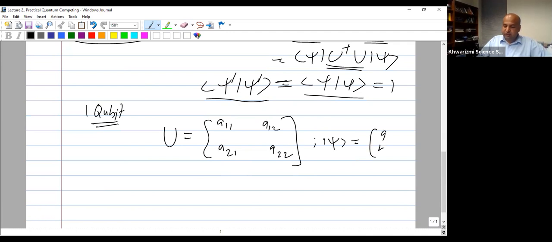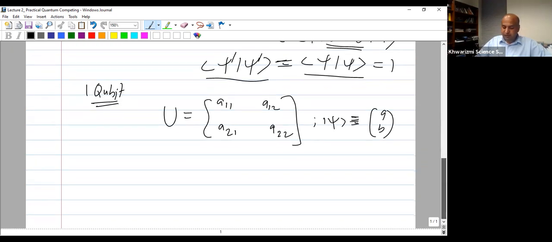So in general, this state psi, A B, can be written as a column vector A B. Since this is a 2 by 1 matrix, any operation on this can be represented by a 2 by 2 matrix. So if this U is this, it means that U dagger should be A11 conjugate, A21 conjugate.